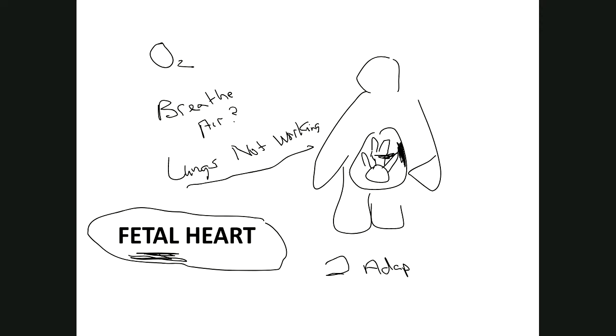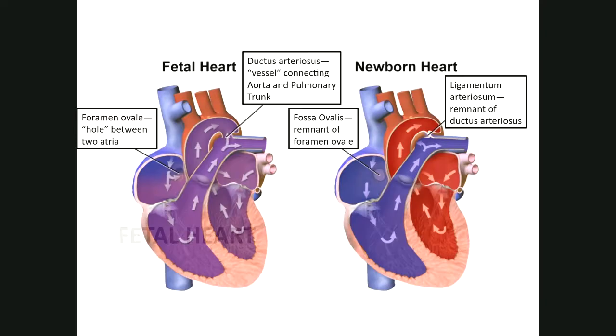And what these adaptations do, they shunt blood. They make less blood go to the lungs and more blood go in the other direction. They shunt blood away from the lungs. And so not half its blood goes to the lungs. Most of it's going to be shunted away.